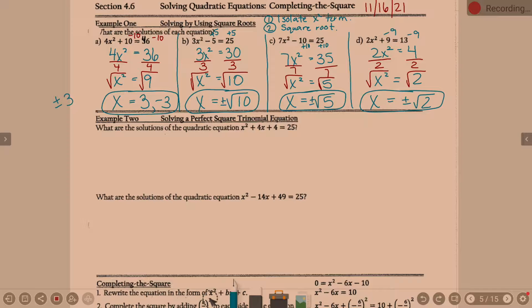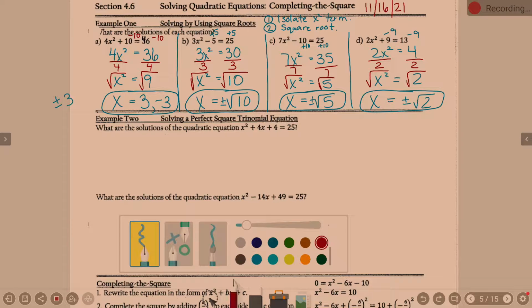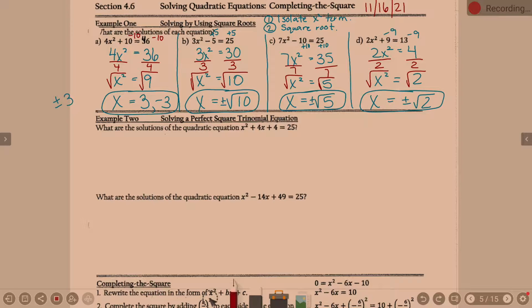What we are going to do, because I know that both sides are perfect squares, is factor that left side as is. I can show you the shortcut in a moment, but let's go back to how we factored in the last lesson.